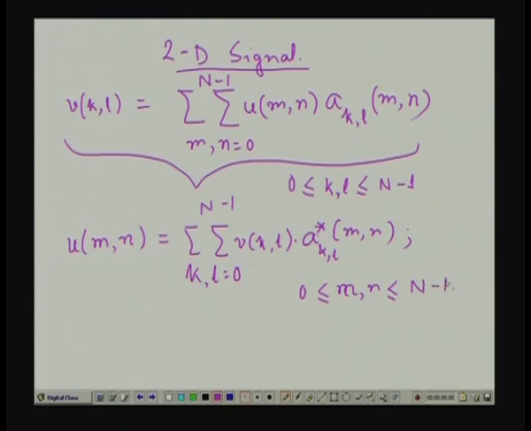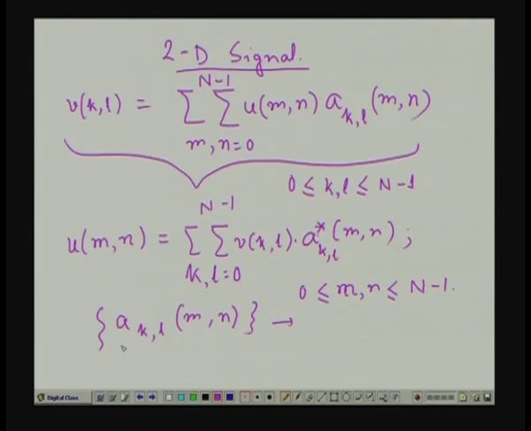Where this image transform, that is A K L M N, is nothing but a set of complete orthonormal discrete basis functions.